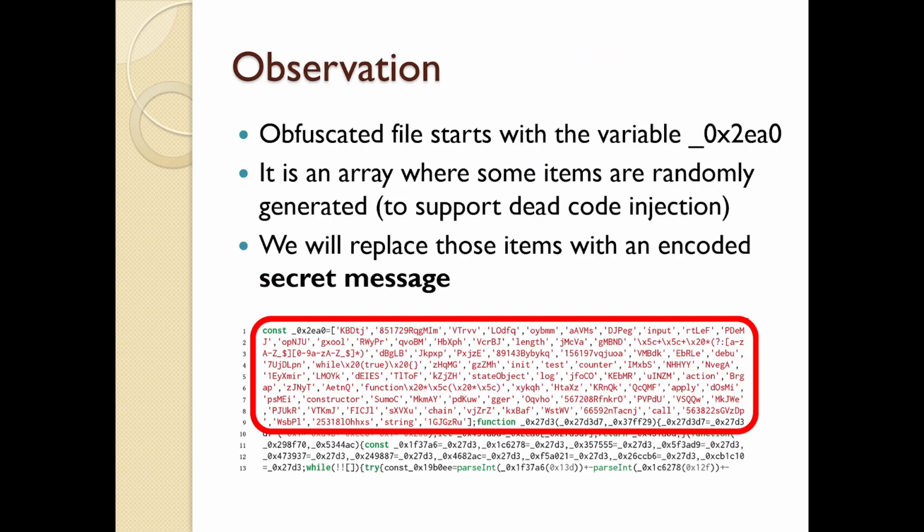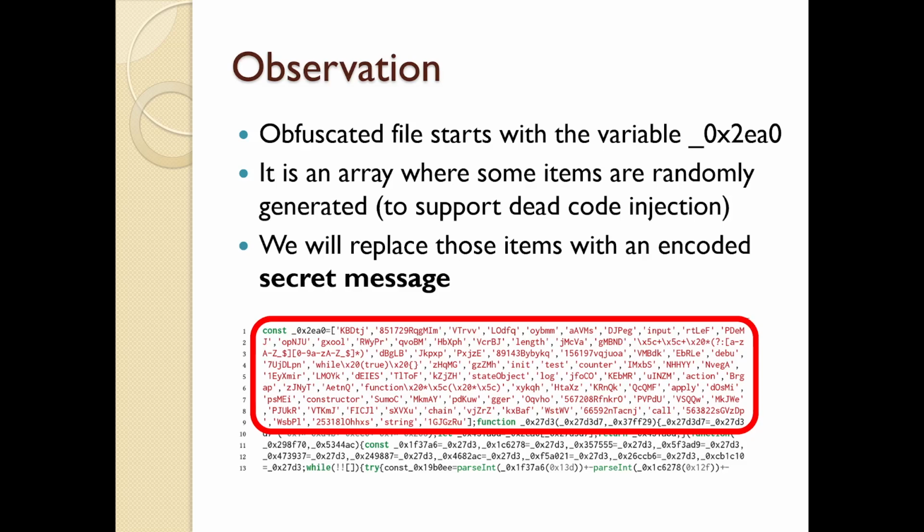Looking at this file, we can observe this red fragment at the beginning, the place where the first array is created, with a number of items in it. This array appears after enabling the string array option, and it consists of all the literals that we mentioned, but also it includes randomly generated literals to support dead code injection.